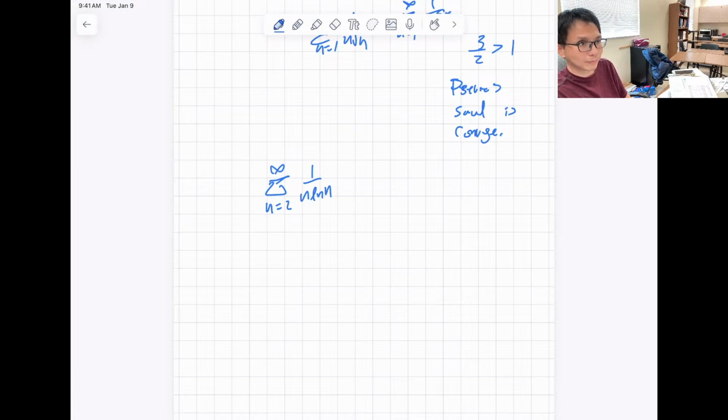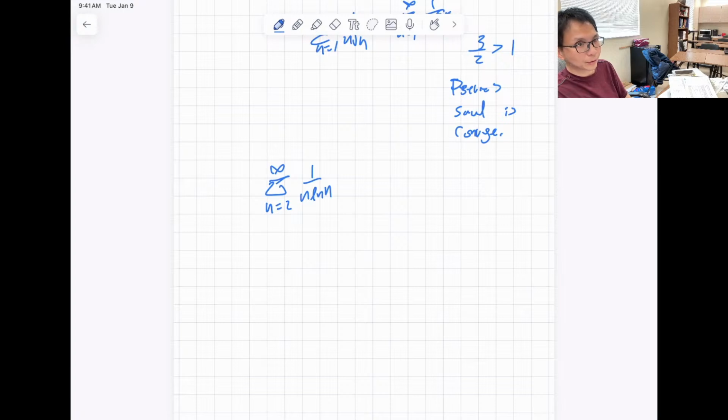Convergence is not affected by the removal of the first few terms. But n equal to 1 is actually something over 0, so you cannot start at n equal to 1. That doesn't really affect whether it converges or not. You had to do the integral test to find out.